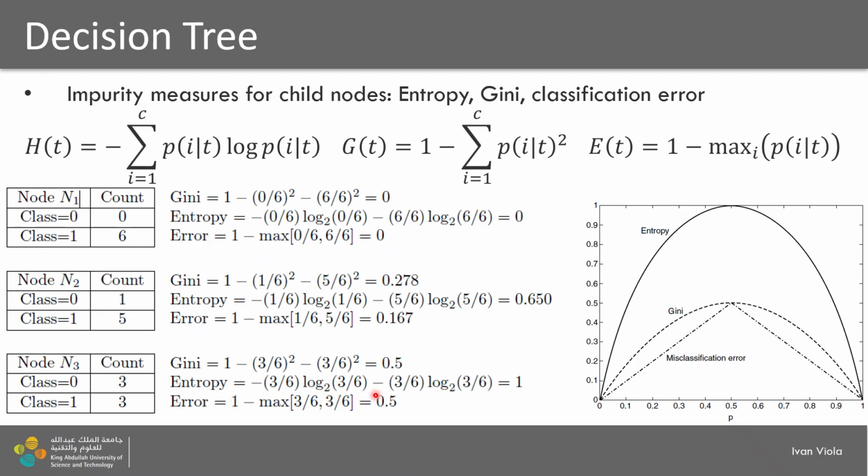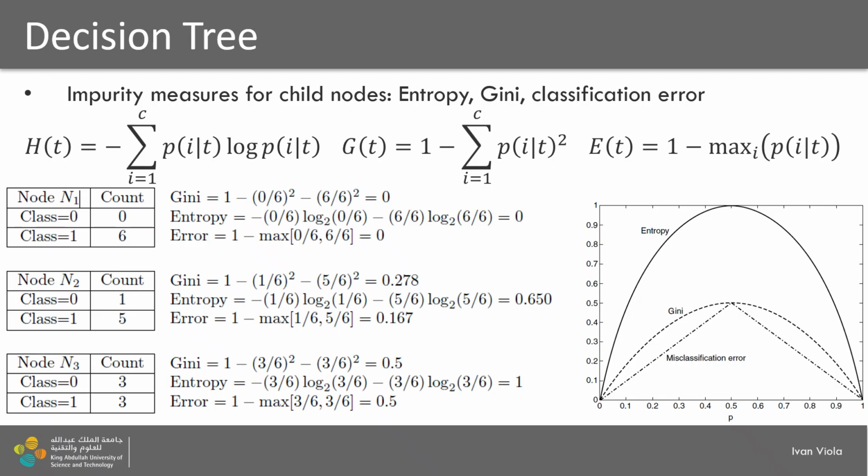The entropy will give us the value 1, where we have minus 0.5 times logarithm 0.5, plus the same again, in total giving us the value 1. So we can see that these measures give us a good understanding of how pure one child node is.